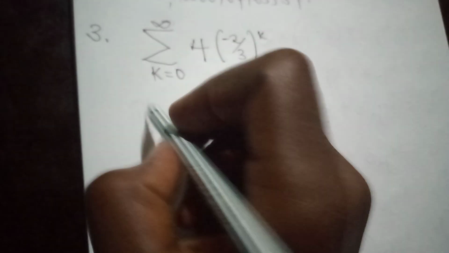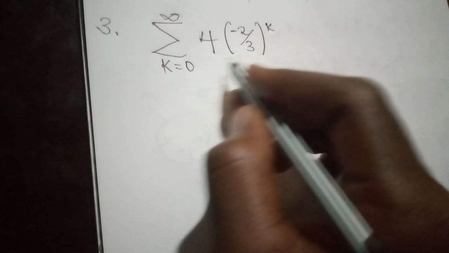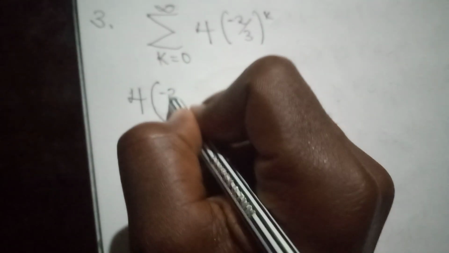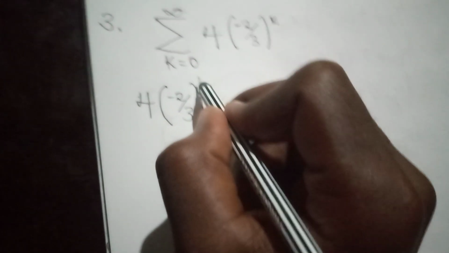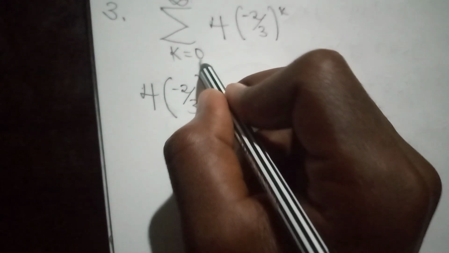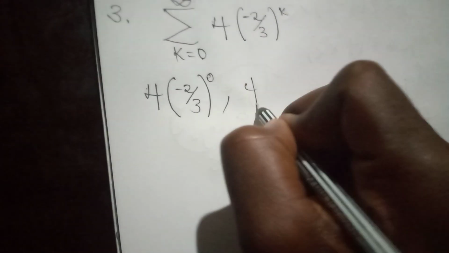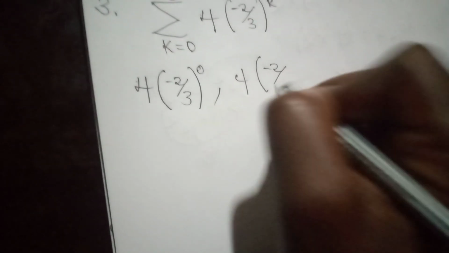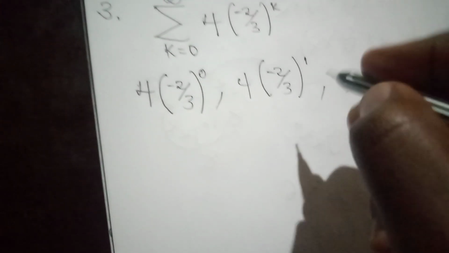So what I'm going to do is start by listing these terms. That is 4 open brackets negative 2 over 3 to power k. The lower limit there is simply telling us that we should start from 0. So 4 times negative 2 over 3 to power 0, comma, 4 times negative 2 over 3 to power 1, comma.